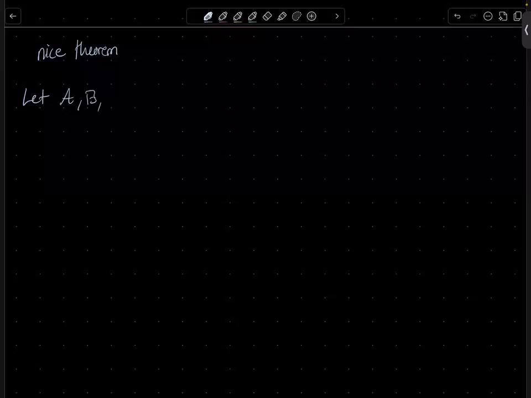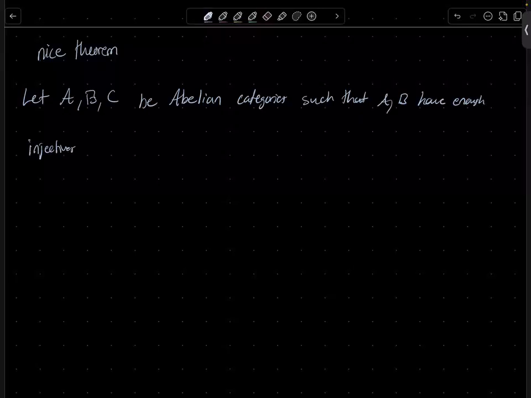Let A, B, and C be abelian categories such that A and B have enough injectives. And there are left exact functors.